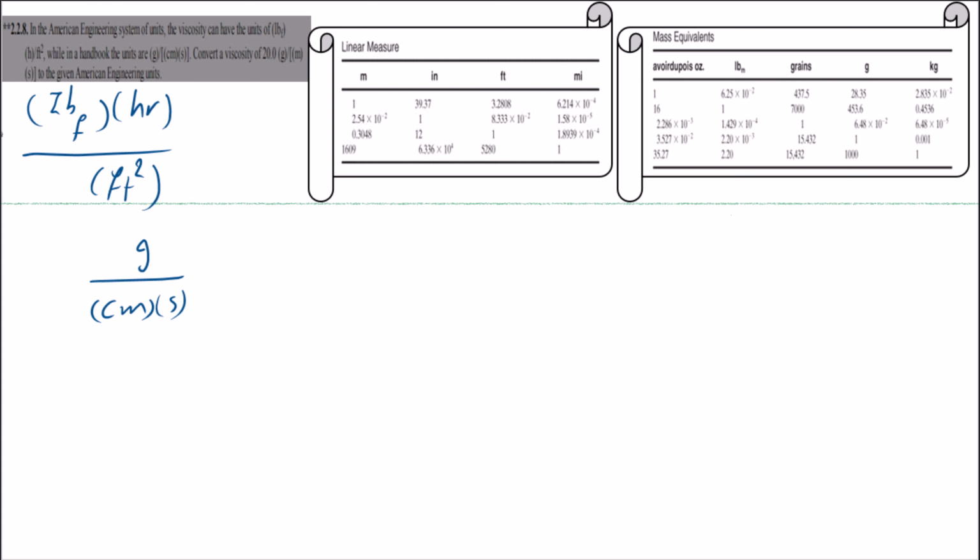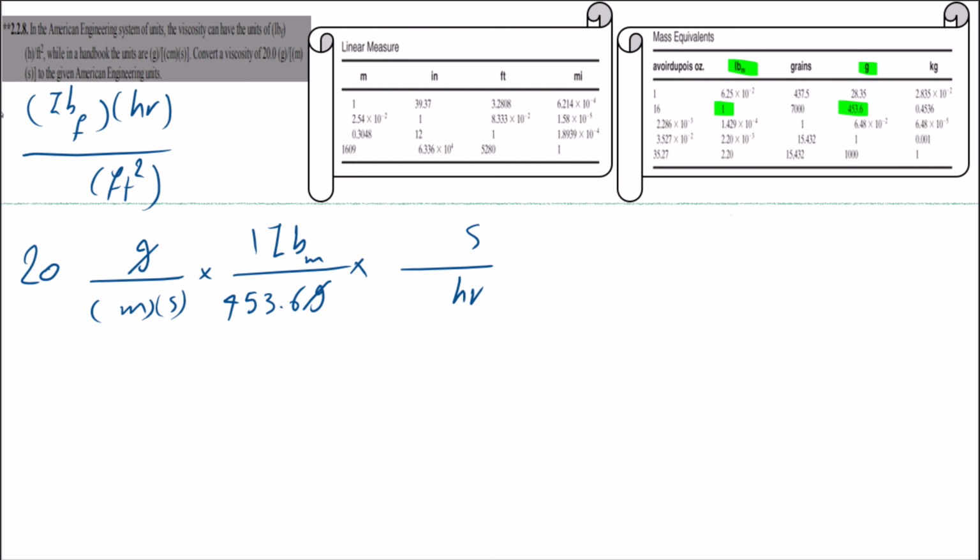It says to convert the viscosity of 20 gram per meter second to the given American engineering unit. I will start from the gram. I will convert it to lb mass. You know that 1 lb mass, we want to convert it to gram, will be 453.6.